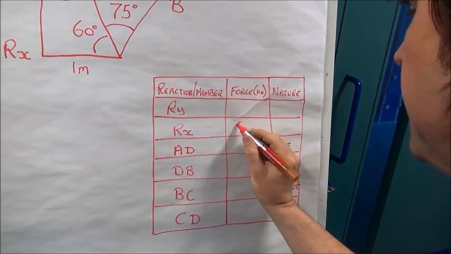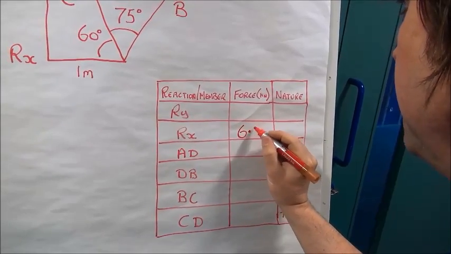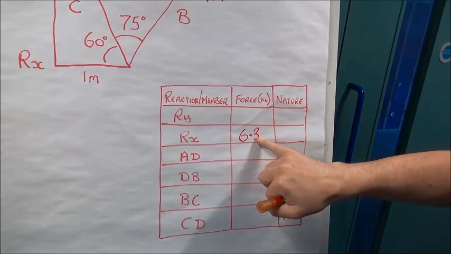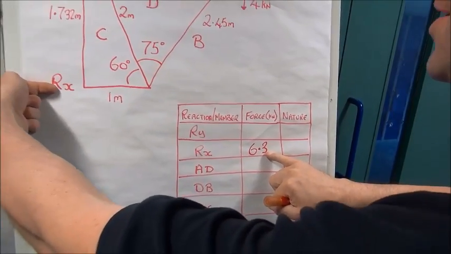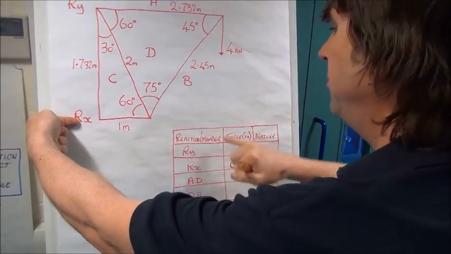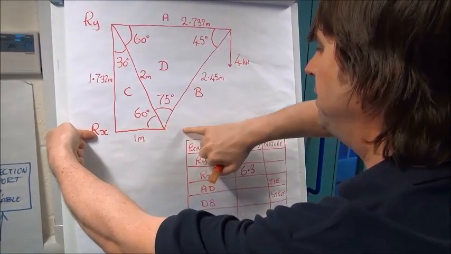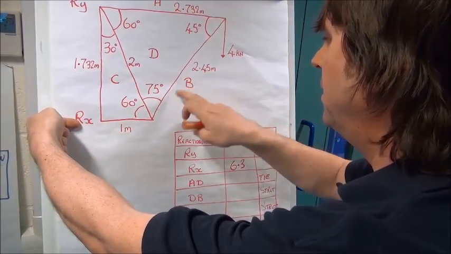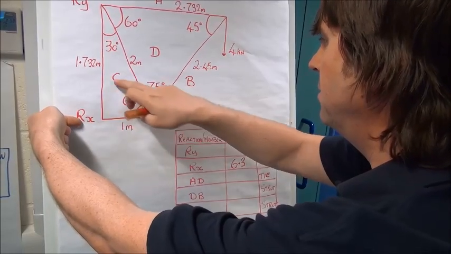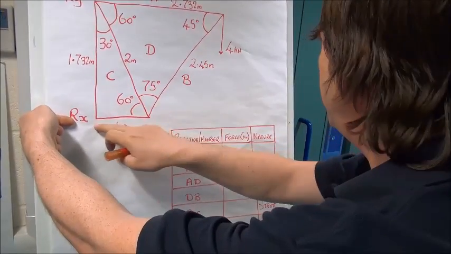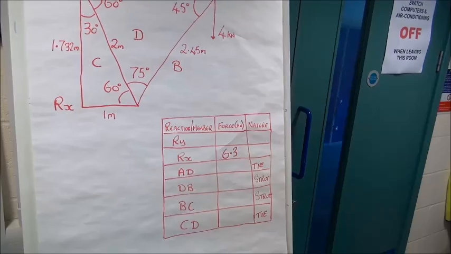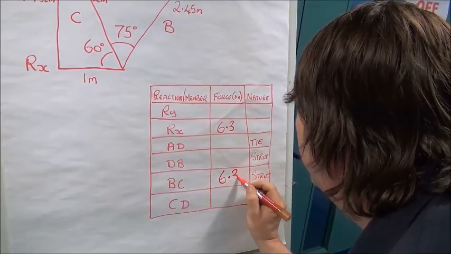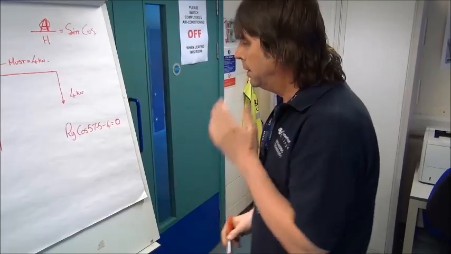So the force in Rx is 6.3. But one other thing to note: if Rx is going to have a reaction of 6.3, which is equal and opposite to this horizontal force, then the force in member CB must equal Rx. This is CB here, and it must equal Rx. So we know that CB will be 6.3 kilonewtons as well.